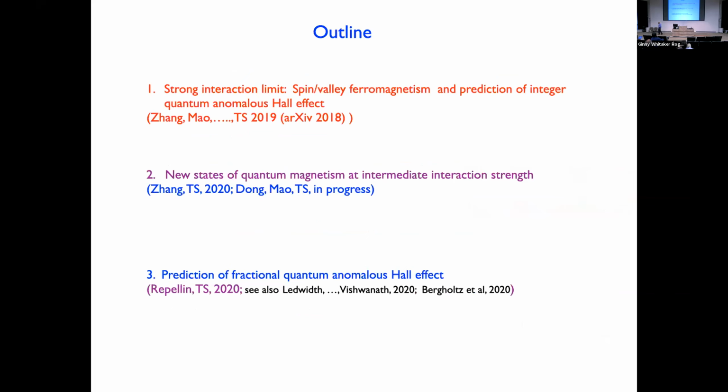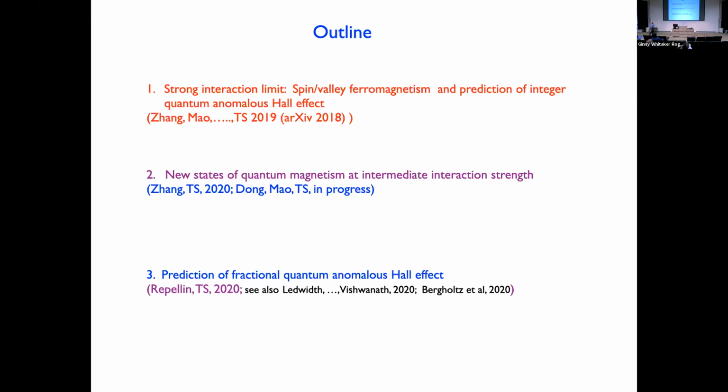So the outline of the talk is that I'm going to start talking about the strong interaction limit for a half-filled Chern band, for these half-filled bands of moire systems. And I'll start with some review of some old work, meaning from a couple of years back, on spin valley ferromagnetism at these fillings and the prediction of an integer quantum anomalous Hall effect that came out of some work that he did when he was still a graduate student.